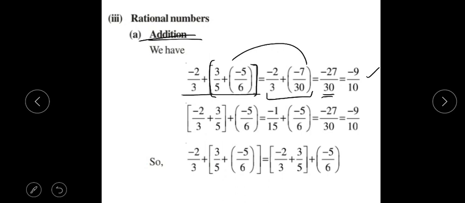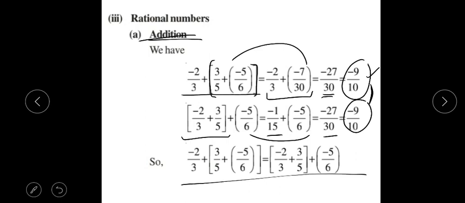Now, if we operate the first two numbers first, that means minus 3 by 2 plus 3 by 5, the result is minus 1 upon 15, and then we will add minus 5 by 6 to this. So it would result in minus 27 upon 30, and in the simple form, it is minus 9 upon 10. Here we can easily see that both the results are the same.